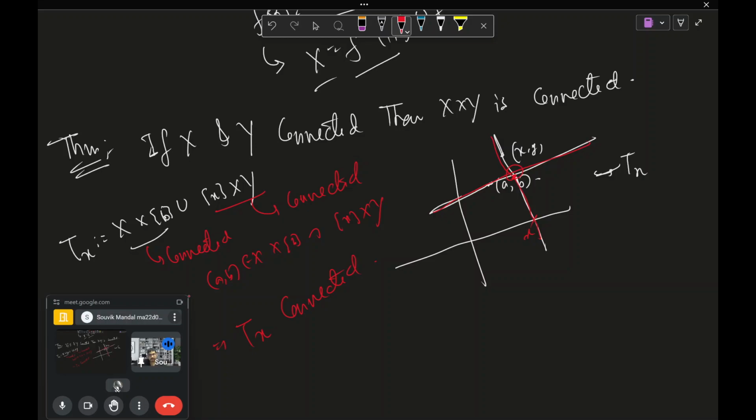So if we vary the small x throughout this capital X, then their union will give the whole of X cross Y, right? Clearly T_x1 intersection T_x2 is non-empty, as (a, b) belongs to T_x1 intersection T_x2. So the union of T_x where x belongs to X is connected. So this thing is X cross Y. So that's why X cross Y is connected.